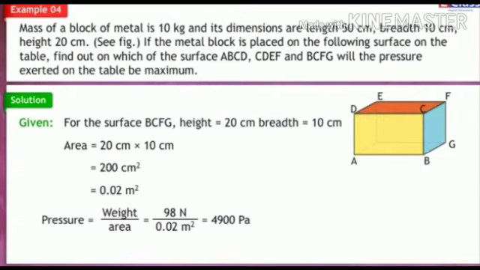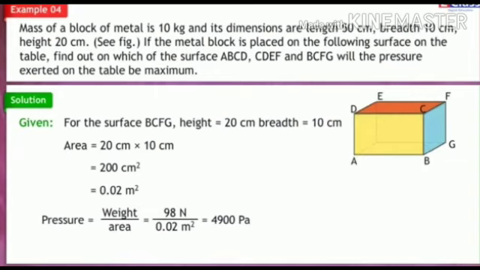Now for the surface BCFG, height is 20 centimeter, breadth is 10 centimeter. Now area will become 20 centimeter into 10 centimeter, which is equal to 200 centimeter square. After converting, we will get 0.02 meter square. Now pressure is weight upon area. Now substitute the value 98 Newton upon 0.02 meter square.